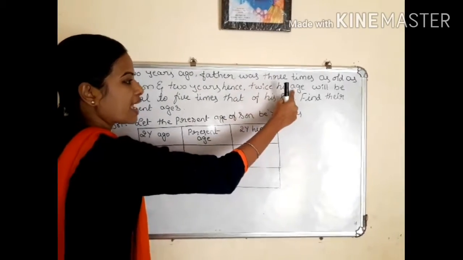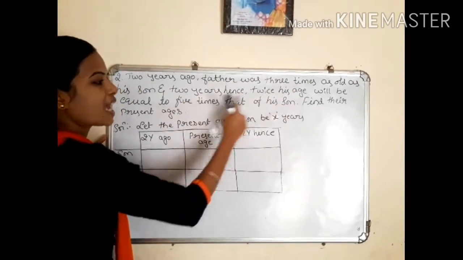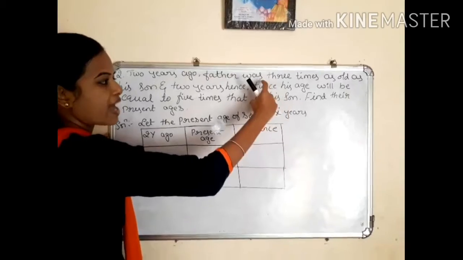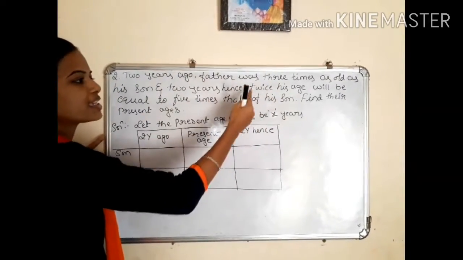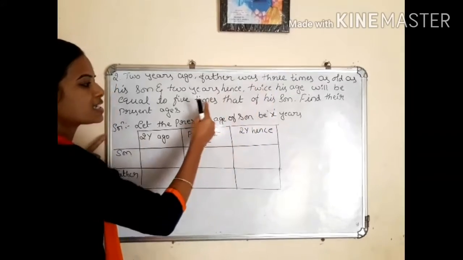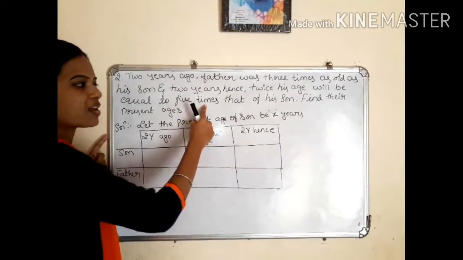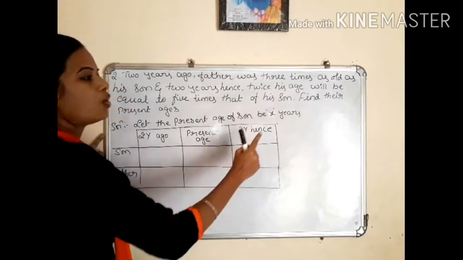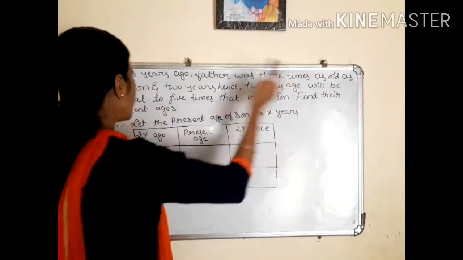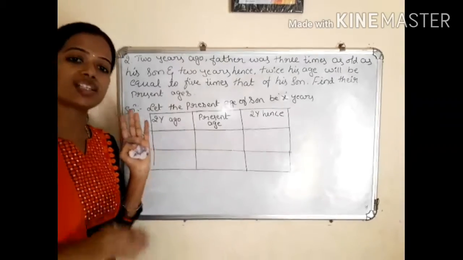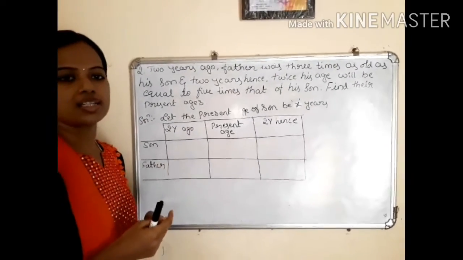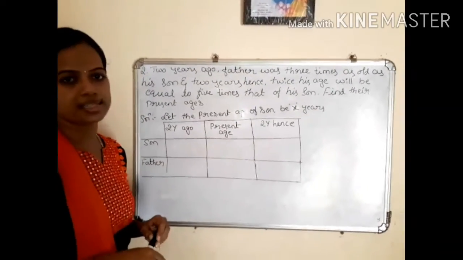Comparison of father's age and son's age after 2 years is 2 times father's age equal to 5 times son's age. Now they are going to ask to find their present ages. They gave the age 2 years ago, the age 2 years after, and are asking to find the present age.